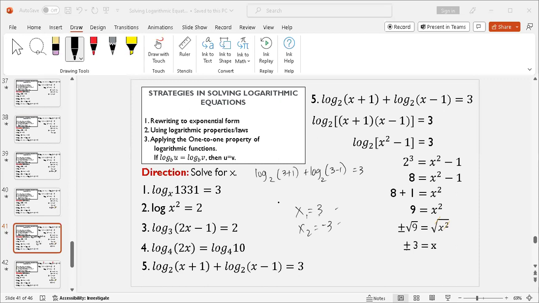So simplifying this, we'll get log of 4 to the base 2 plus log of 2 to the base 2 equals 3.